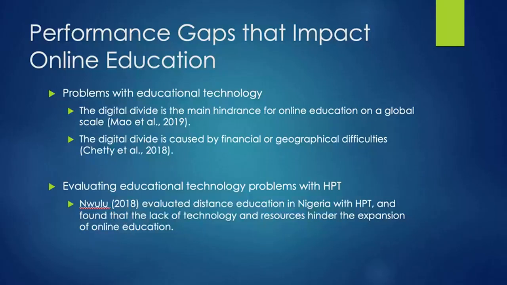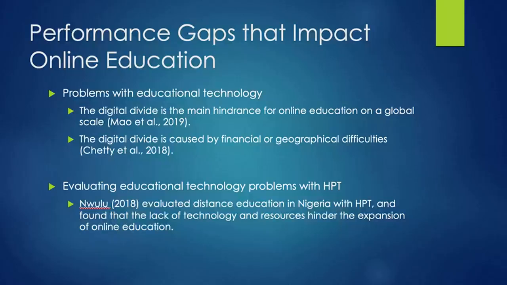And so theorized that by furthering educational technology and increasing access to the technologies would have expanded online education and would have greatly encouraged engagement and performance for the students.